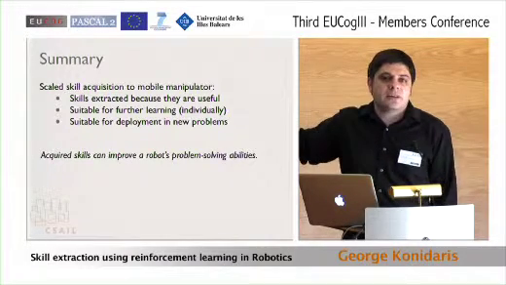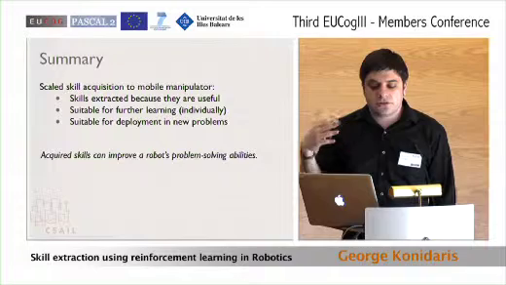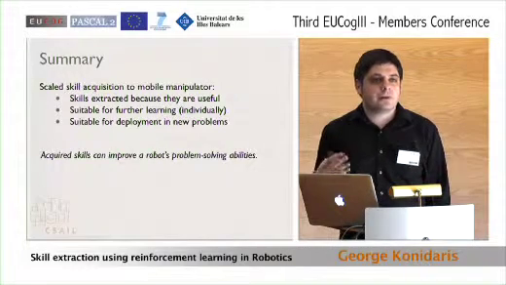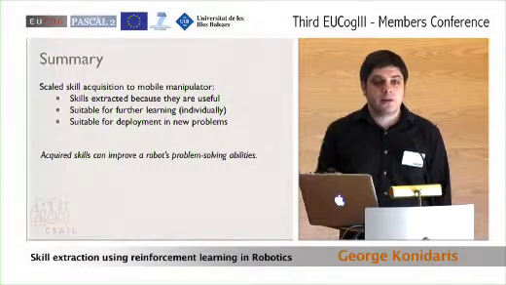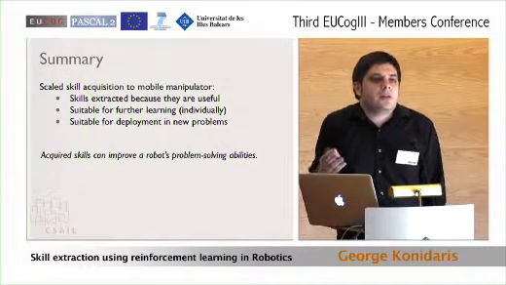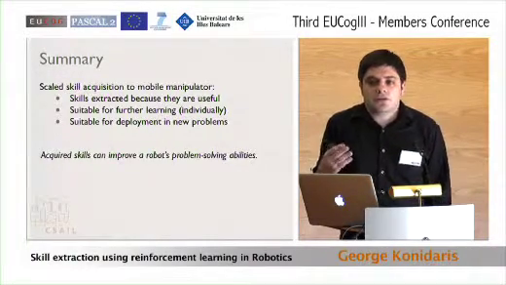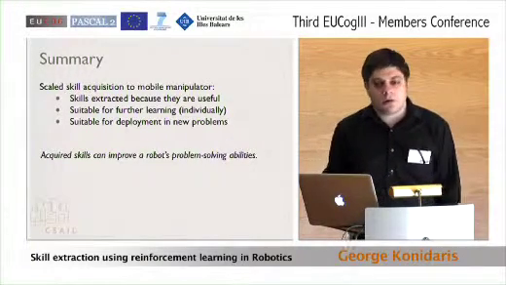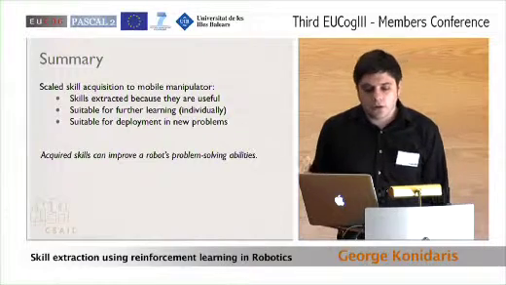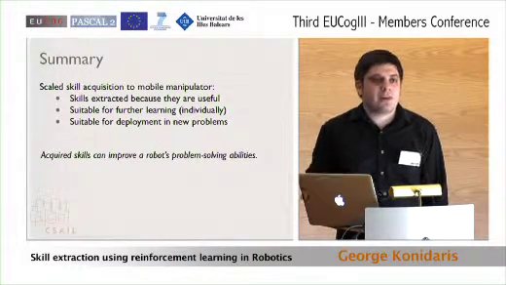But the general idea here is that you can use these acquired skills to improve a robot's problem-solving abilities. You take a robot that can solve some set of problems, let it solve them, and then, through retaining components of the solutions that are used to solve them, you can get it to solve harder problems. So there's this sort of open-ended aspect to that.